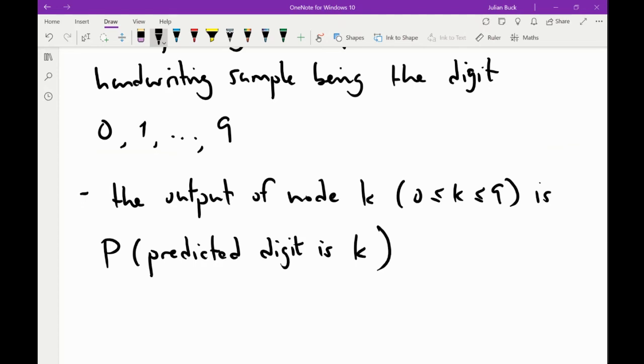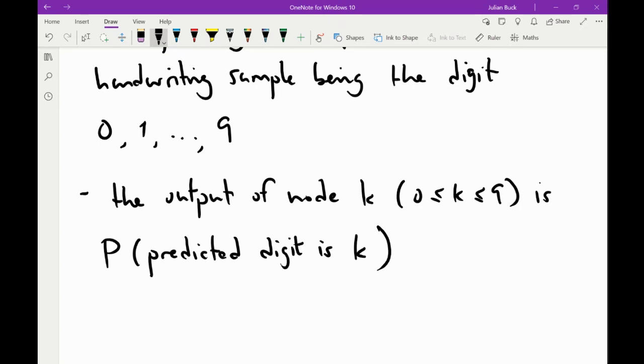So maybe you've got some poorly drawn symbol that looks like it could be a 4 or a 9, and it predicts a probability of 0.45 that it's a 4, a probability of 0.45 that it's a 9, and then maybe 0.1 probability spread out over some of the others in small amounts. Just making something up, but that's the idea.